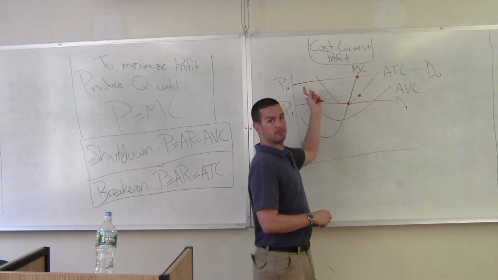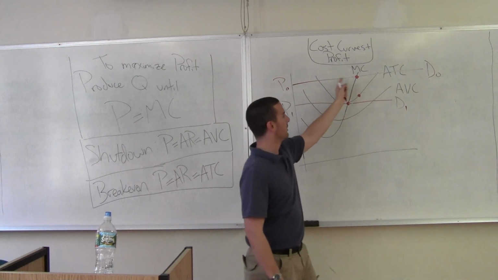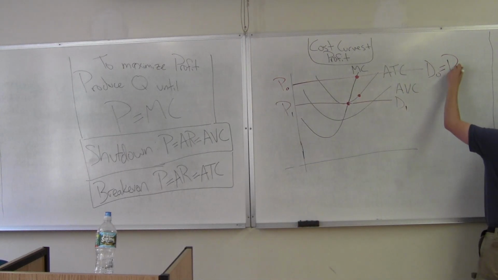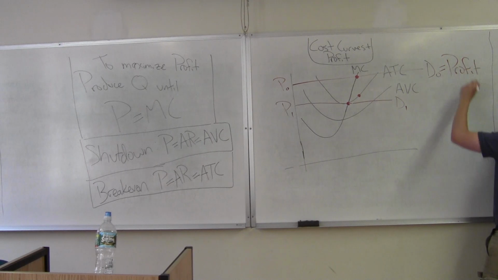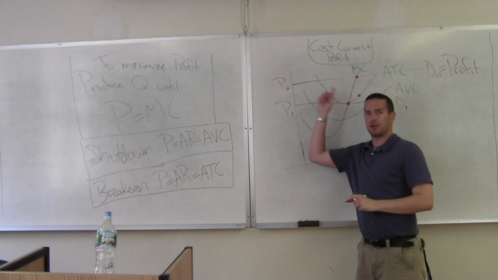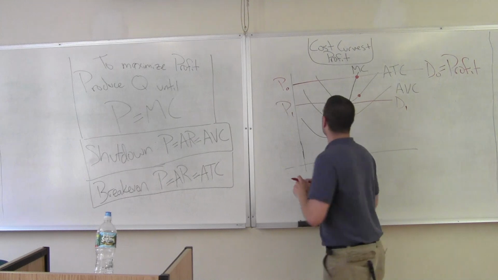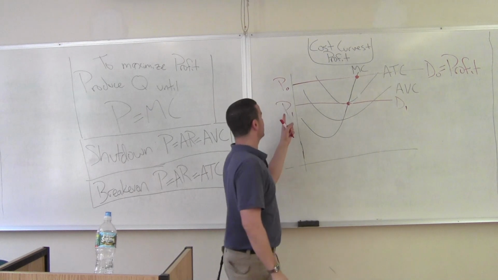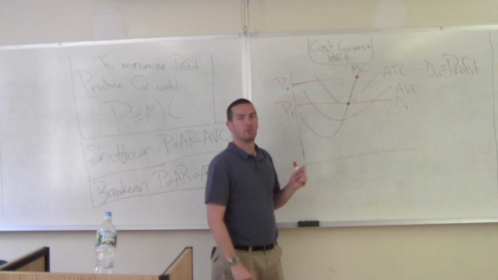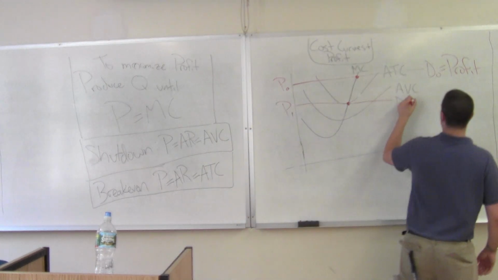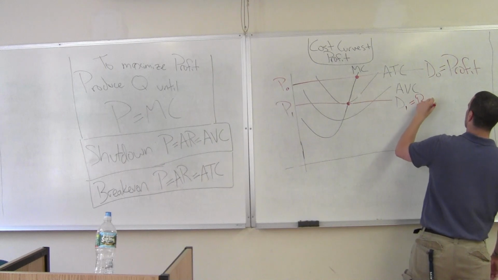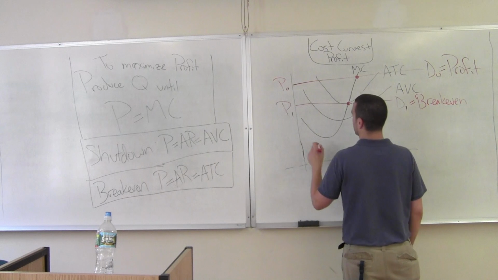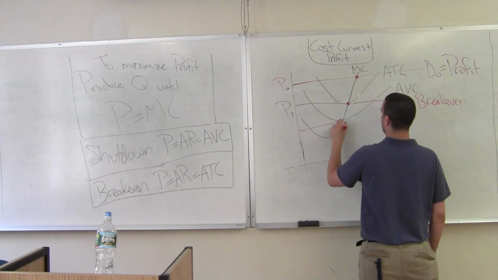P1, P0. Okay? At P0, or this demand curve, at that demand curve, you're making profit. At this demand curve, you're breaking even.